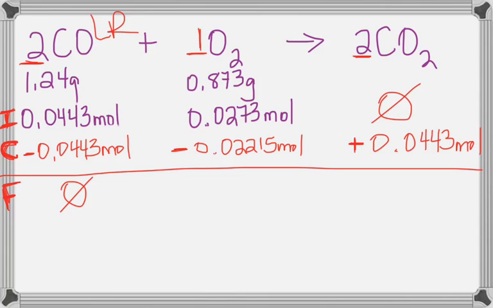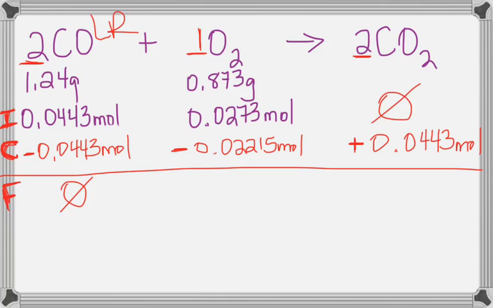You divide that number by your coefficient. You took this number and divided it by 2. How'd you know to divide by 2? Because what do I do to 2 to turn it into 1? I divide it by 2. Therefore, I divide 0.0443 by 2, and it gives me this number.